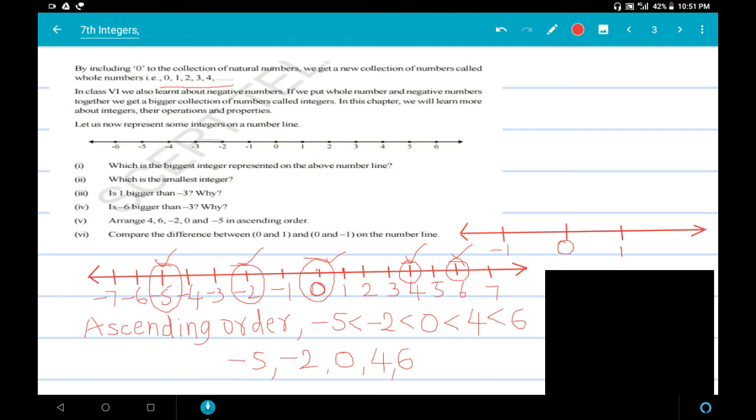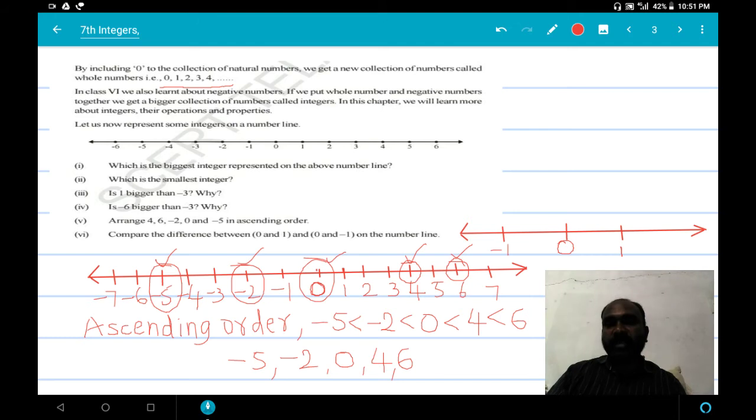Sixth question. Compare the difference between 0 and 1 and 0 and minus 1 on the number line. It is clear. From 0, left side one step is minus 1.